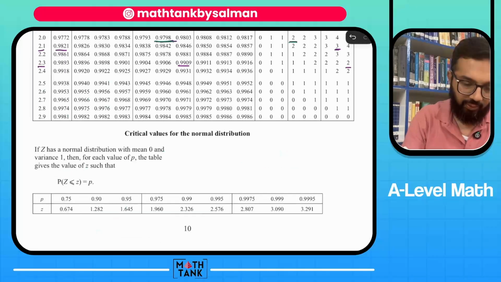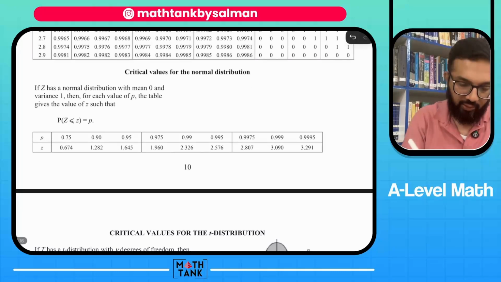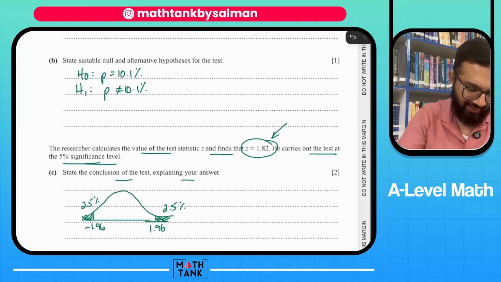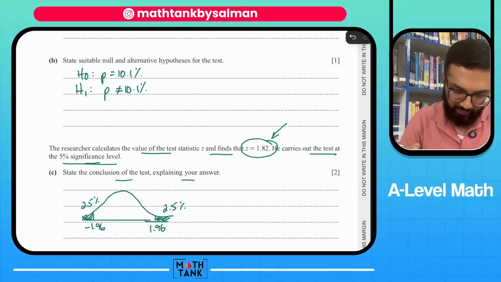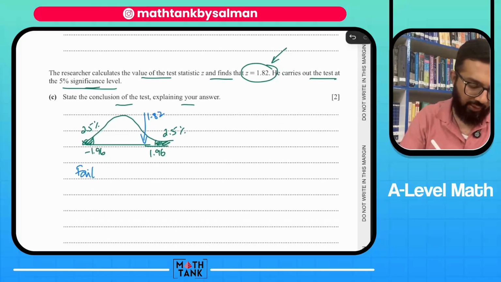That means 1.96 and minus 1.96. If my Z statistic is 1.82, that means I'm in the acceptance region. So you write fail to reject H naught or accept H naught.